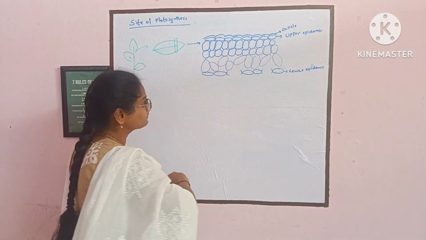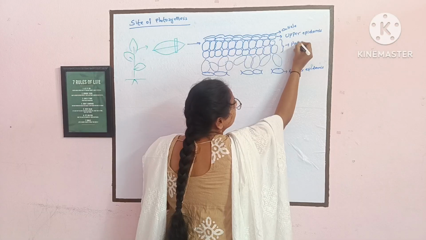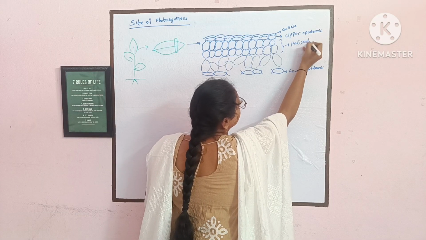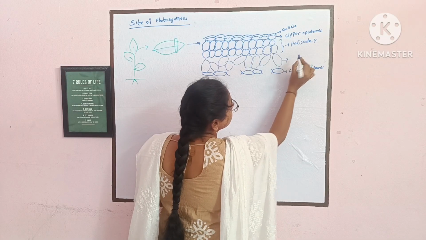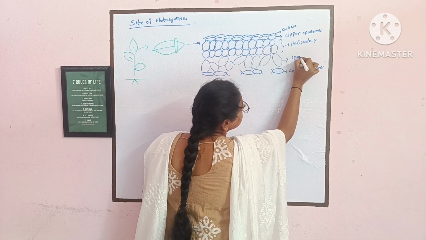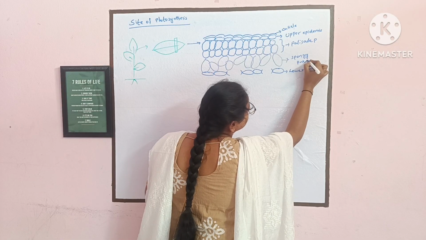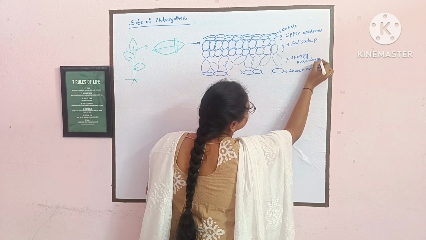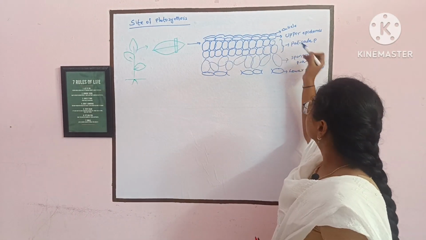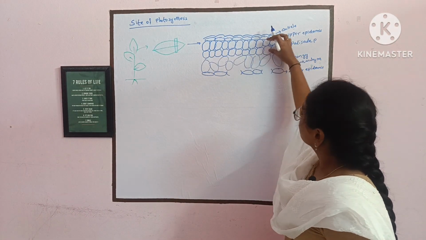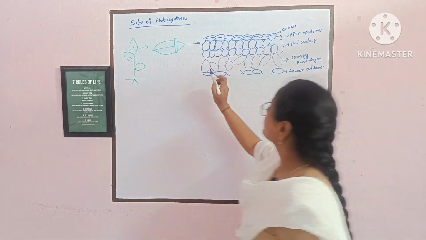So what is this? This one is palisade parenchyma, and this one is spongy parenchyma. Now look here. The palisade parenchymatous cells and spongy parenchymatous cells together form the mesophyll cell.